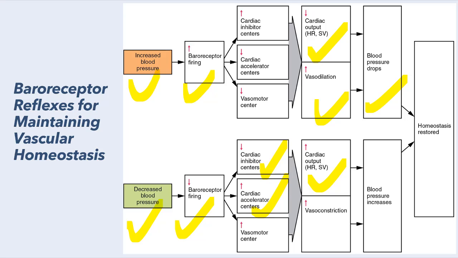At the same time, we want to increase the constriction of the vessels, so there's a decrease in the lumen size, and in that way the blood pressure then goes up. We go back to homeostasis.